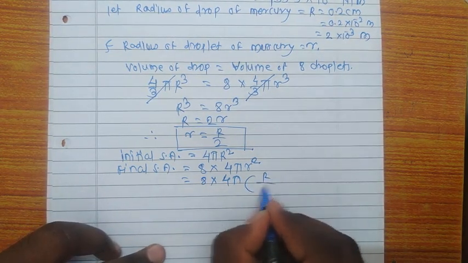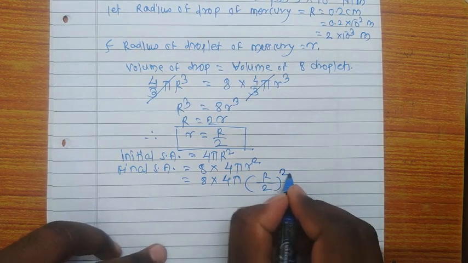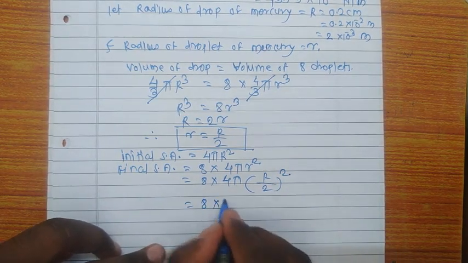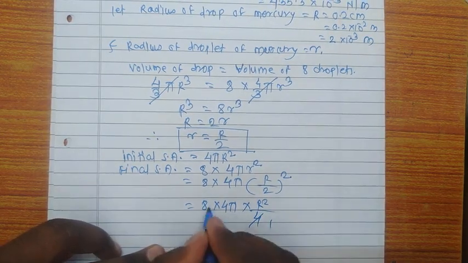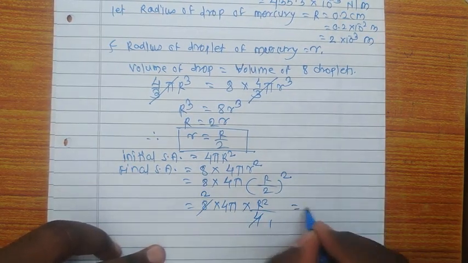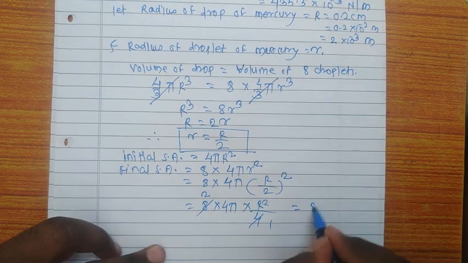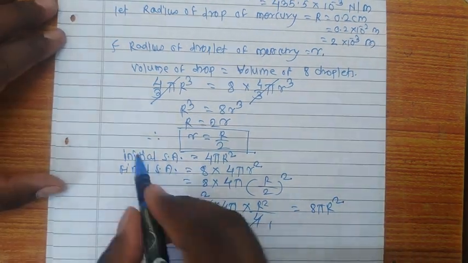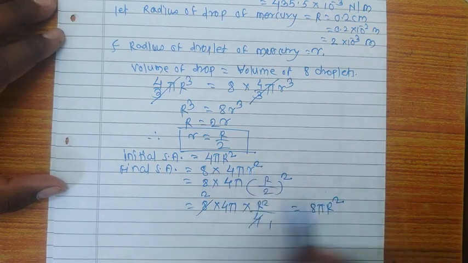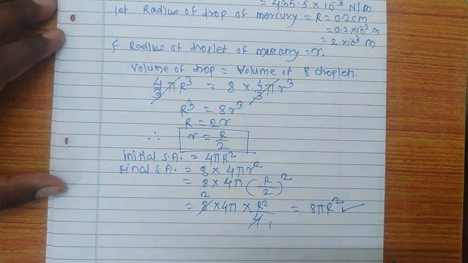Value of small r is what? Capital R divided by 2, squared. So we get here 8 into 4 pi into R square divided by 4. 4 ones are 4, 4 twos are 8. So final surface area is going to be what? 8 pi R square. So initial surface area is 4 pi R square. Final surface area is 8 pi R square.